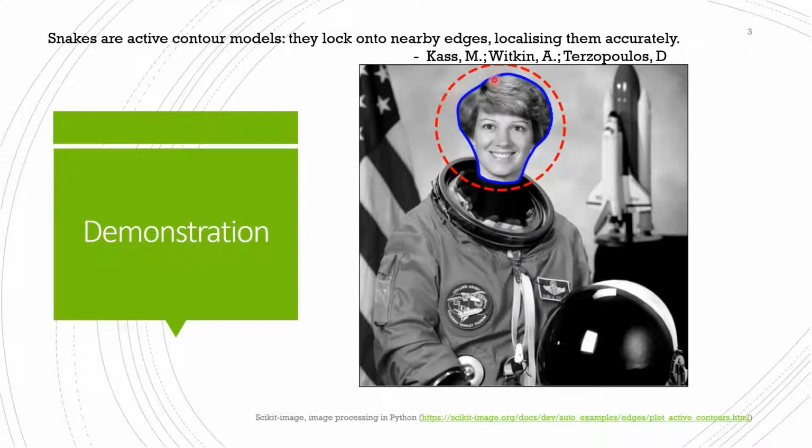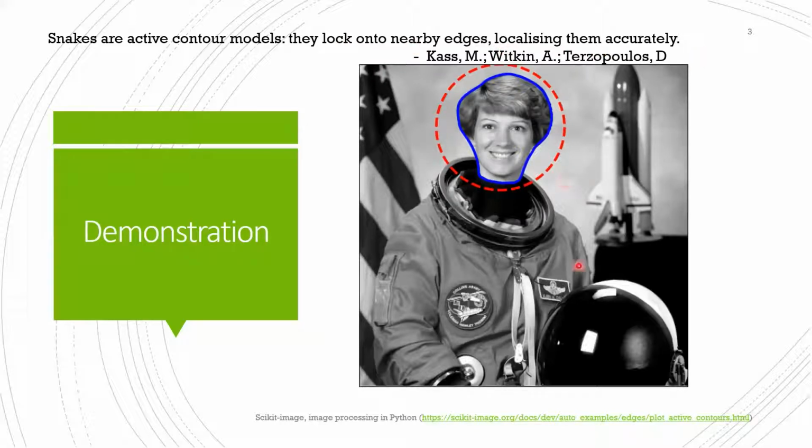That's why it has minimal energy. So snakes are active contour models. They lock onto nearby edges, localizing them accurately.